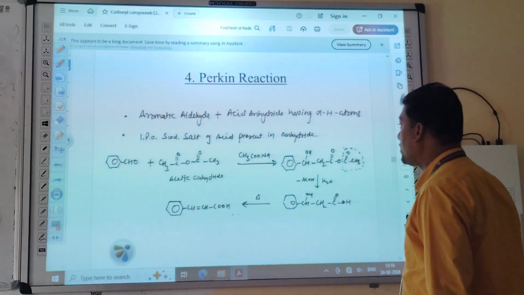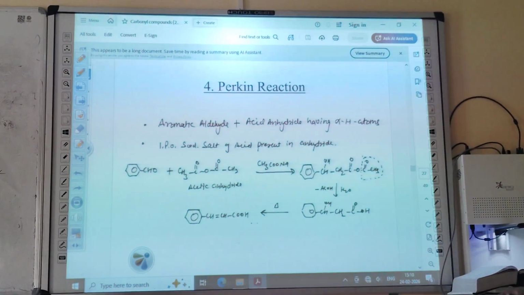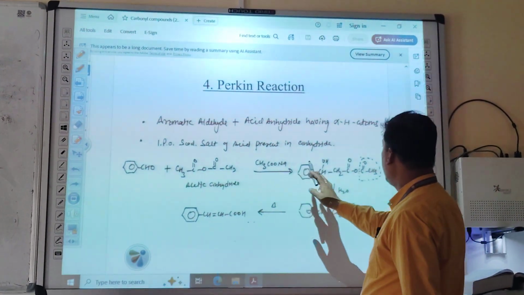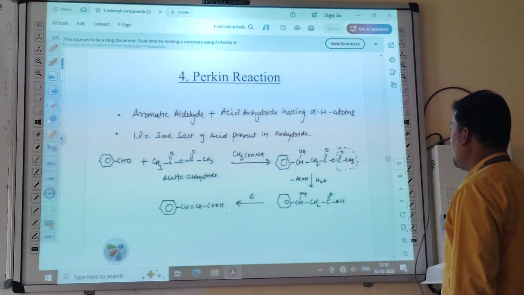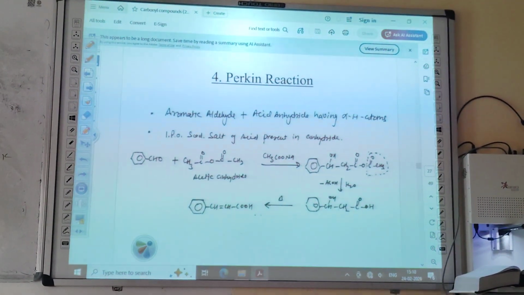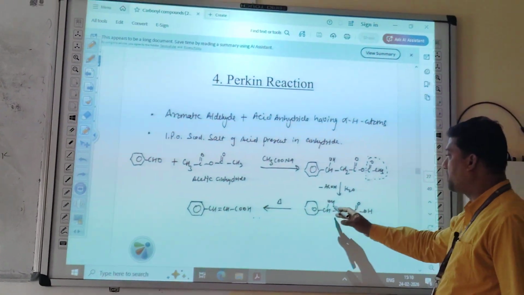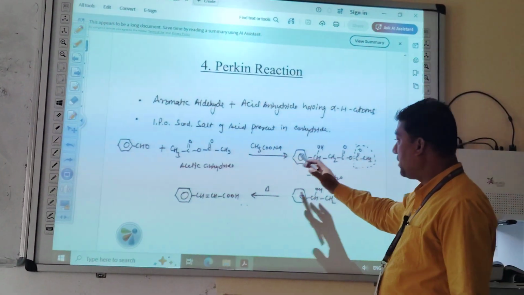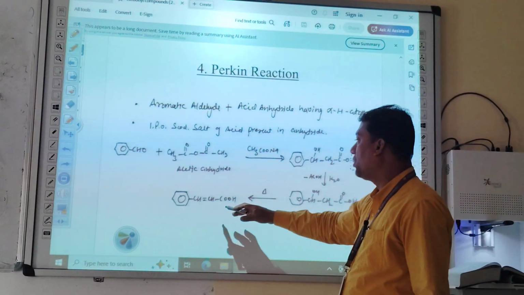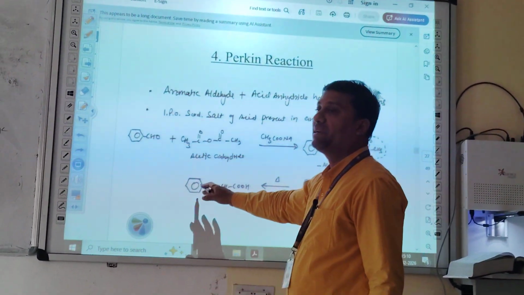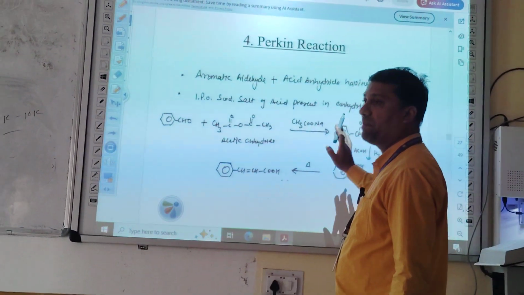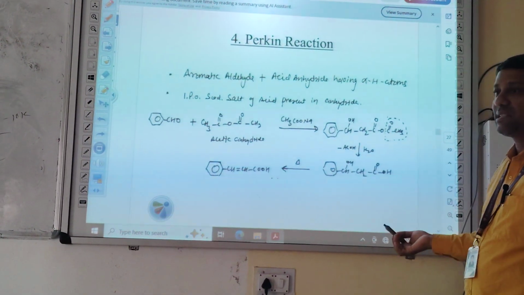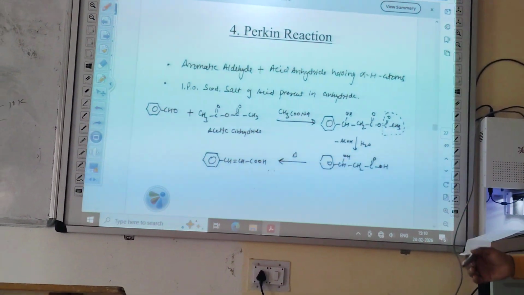In the presence of sodium acetate, it will produce the beta hydroxy compound. Then by further elimination of water, it will form the alpha beta unsaturated compound. All the reactions are of a similar type, just with slight differences.